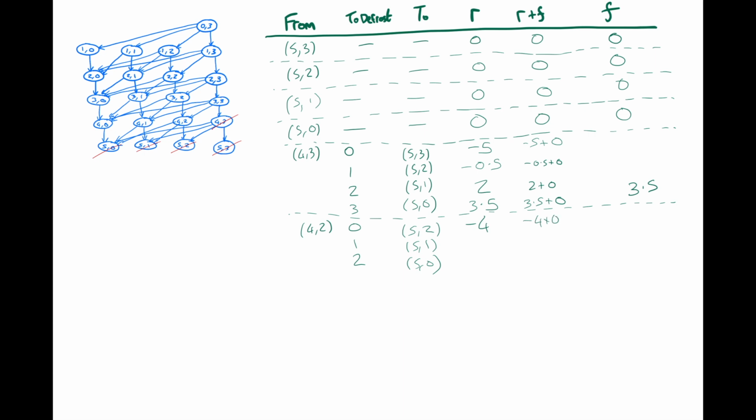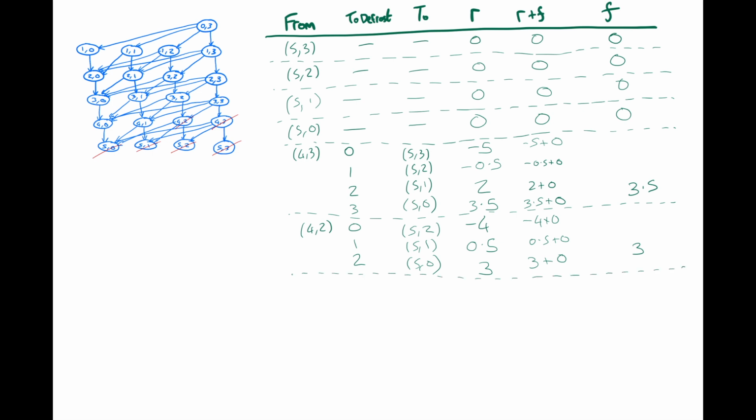If we defrost 1 box, we estimate we will make 1,500, but we need to keep 1 box frozen at a cost of 1,000, so overall that would be a reward of 0.5, or 500. And if we defrost both boxes, then we estimate we will make 3,000. There is no fines and no boxes to keep frozen. So the best action to do if we're in state 4.2 is defrost both boxes.